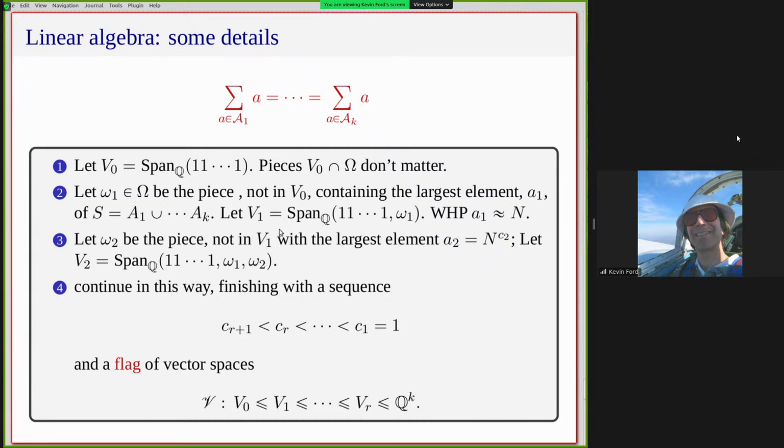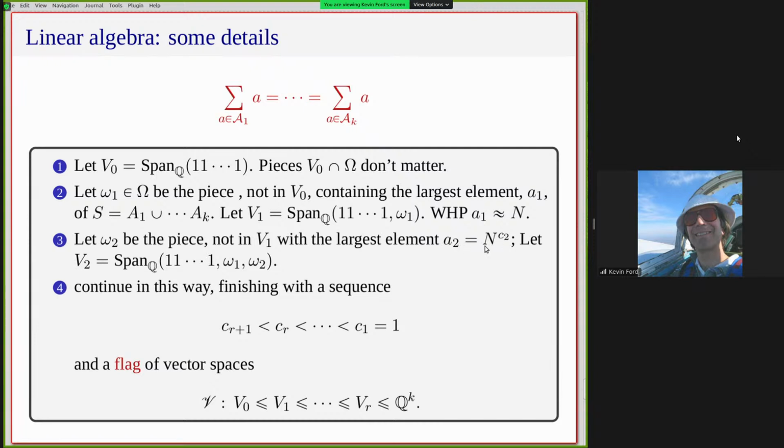All right, so then we're going to do something interesting. I'll take all the parts of the Venn diagram that are not in V1 and take the largest element, the piece omega 2 that has the largest element of what remains. This turns out to be important.